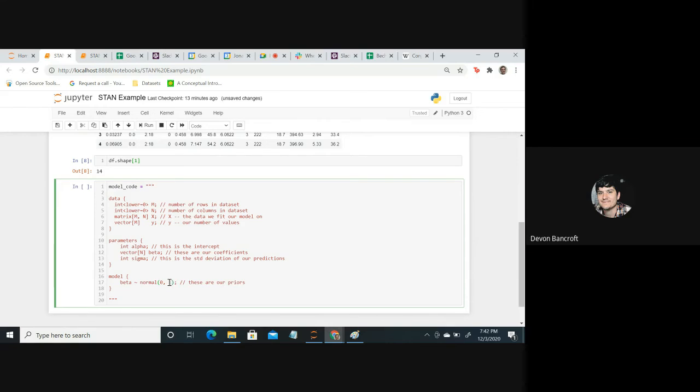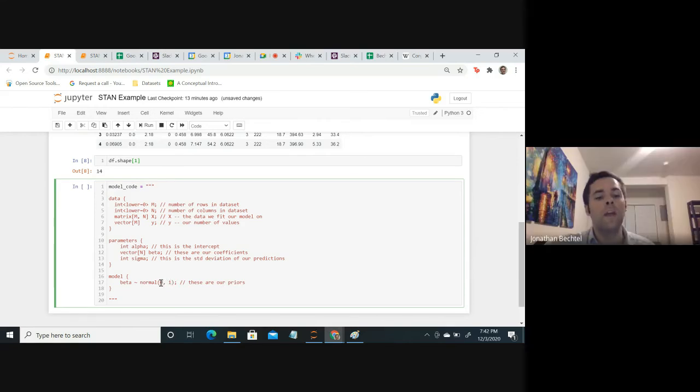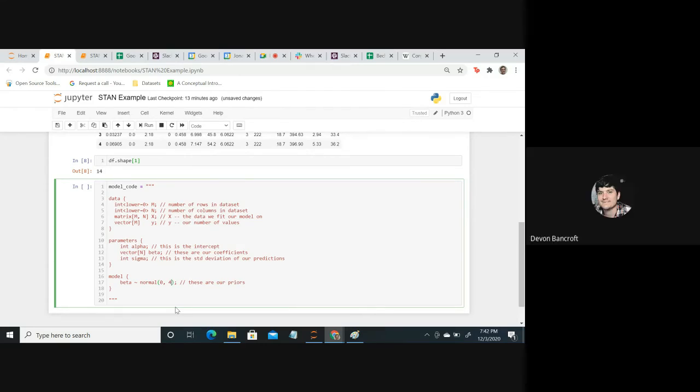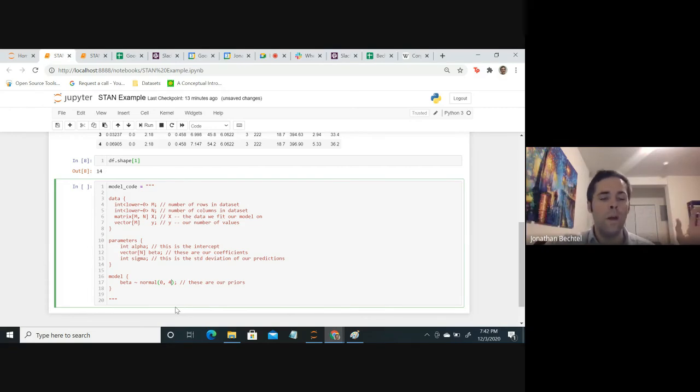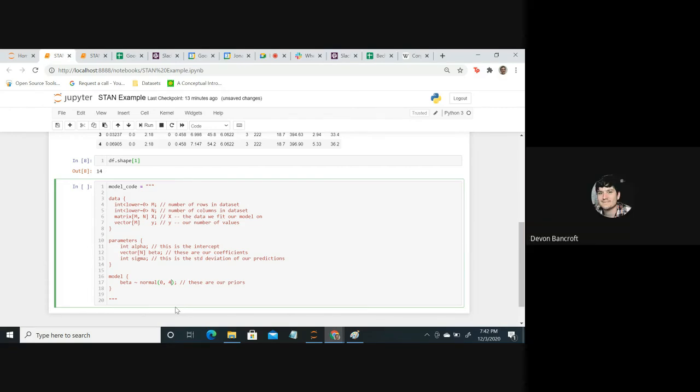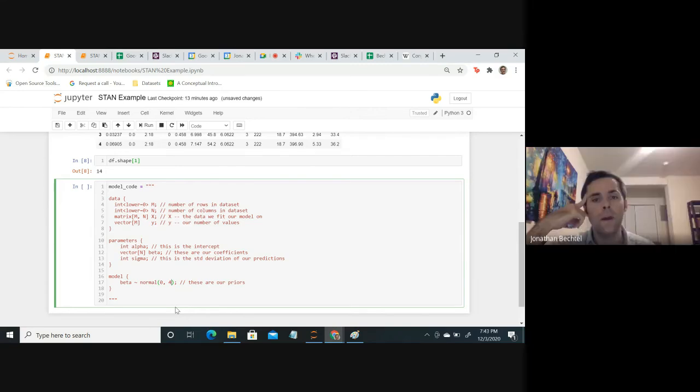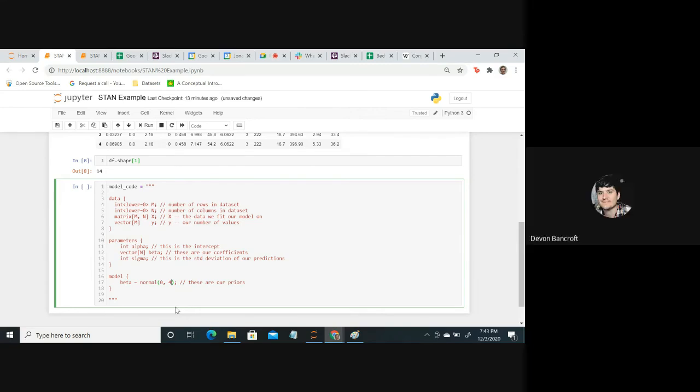It doesn't mean they're going to end up this way. This is what we're going to start off with. If we're really not sure what they were, Devin, you could increase the standard deviation like that, which would give you a wider spread. So it's just to start off with, yeah.